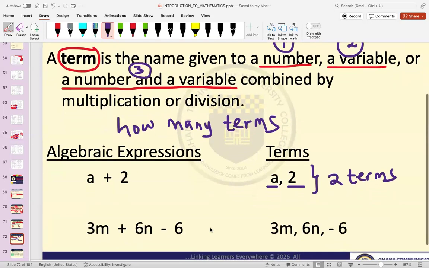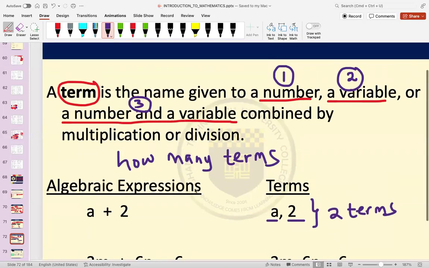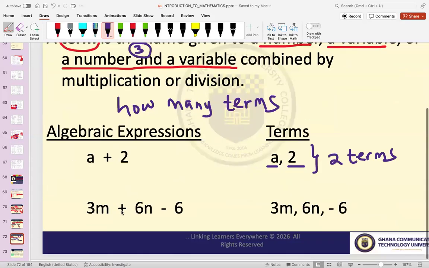The second example, I go back to the definition. A term can be a number standing alone, a variable standing alone, or a combination of a number and a variable. So I have one here, a combination of a number and a variable. And a variable.